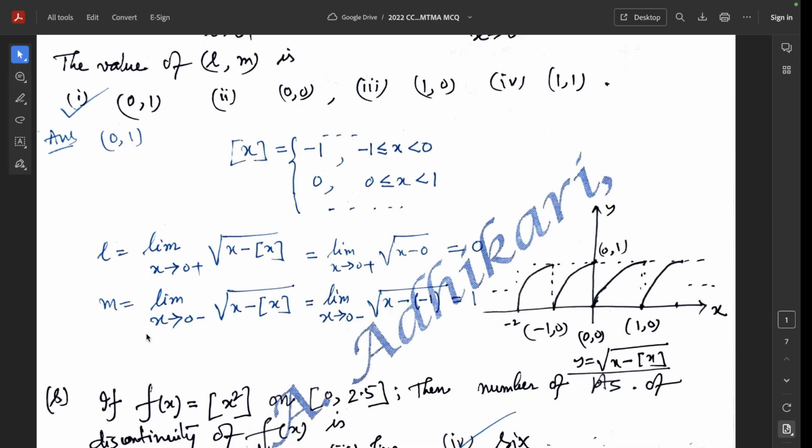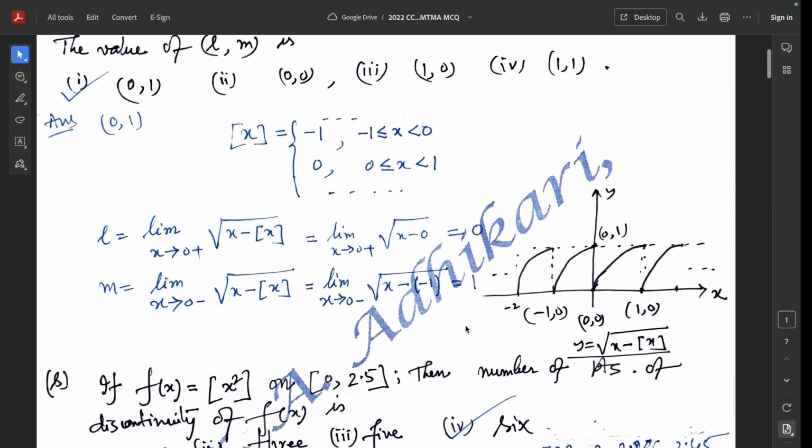And m equal to limit x tends to 0 minus. In this range, minus 1 less than or equal to x less than 0, so box x is equal to minus 1. So this equals x equal to 0 and this equals minus of minus 1, this plus 1.